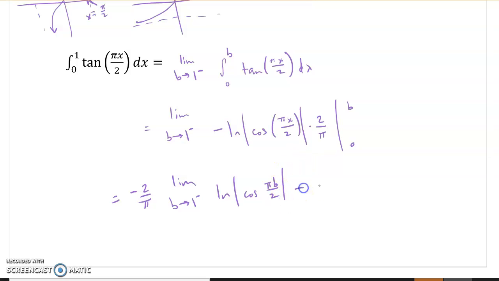And then we'll subtract the natural log of the absolute value of the cosine of pi times 0 over 2. All right. Well, cosine of 0 is 1, natural log of 1 is 0, so that part doesn't matter. What happens when we let b approach 1?